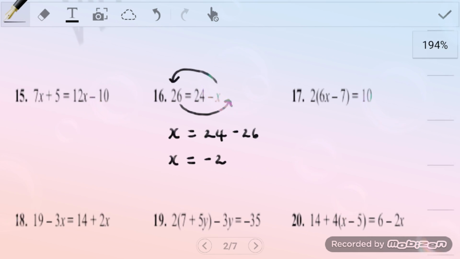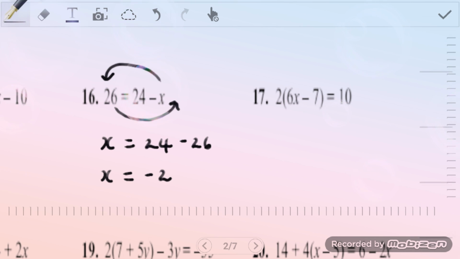Now, when you end up in an example here that contains brackets, then what plays an important role in solving this equation is the distributive law of mathematics. That's an arithmetic law. So what that means now for those who are actually learning this for the first time is that whatever that is outside of the parenthesis must be used to multiply what is on the inside of the parenthesis.